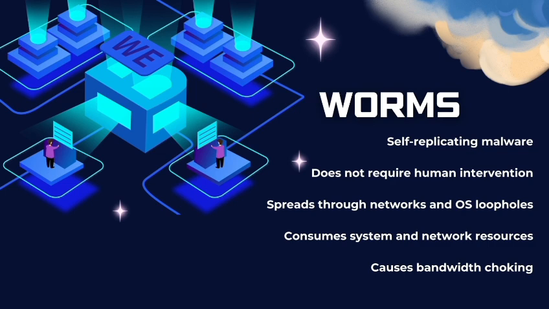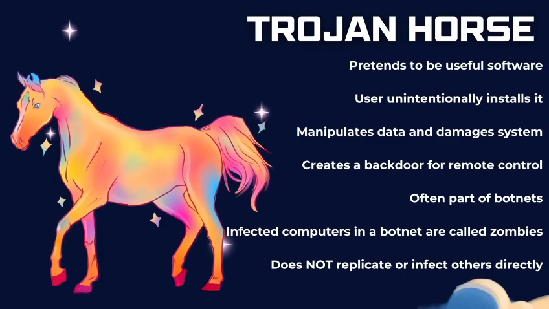The next on the list is Trojan horse. A Trojan horse is a malicious program that disguises itself as a useful or legitimate application. The user thinks they are downloading something helpful, but in reality, the Trojan installs harmful code. It can manipulate system data, damage the machine, and even create a secret backdoor that allows hackers to control the system remotely.